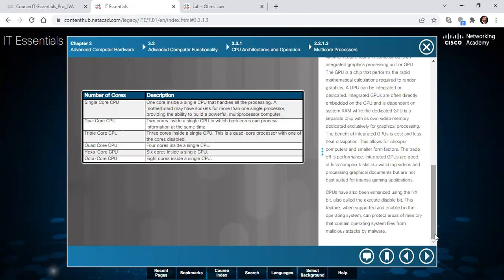This feature, when supported and enabled in the operating system, can protect areas of memory that contain operating system files from malicious attacks by malware. So technology is actually growing rapidly. So multi-core processors are the latest processors you buy in the market today.